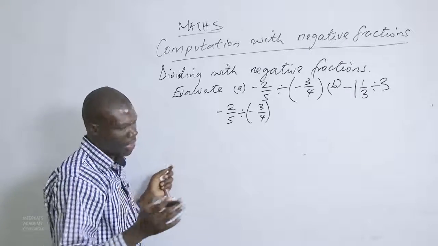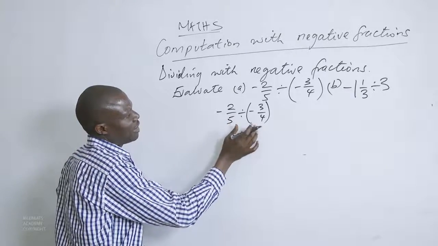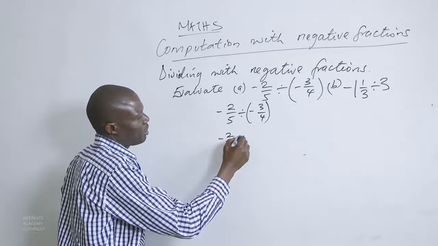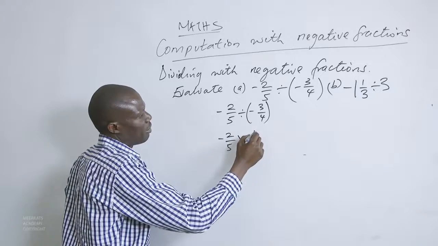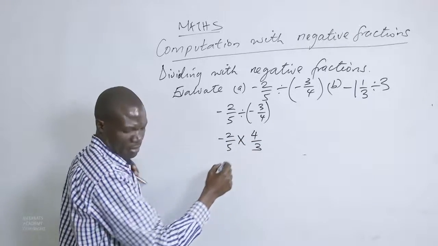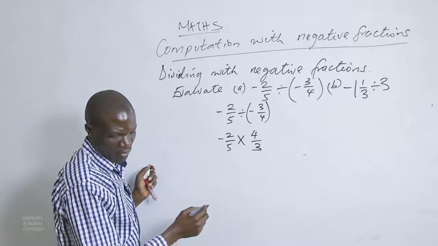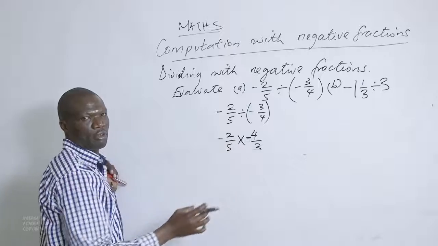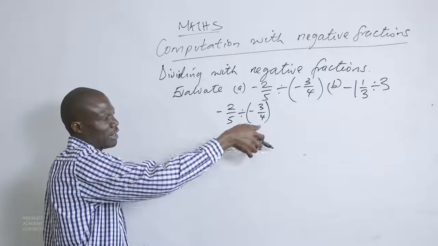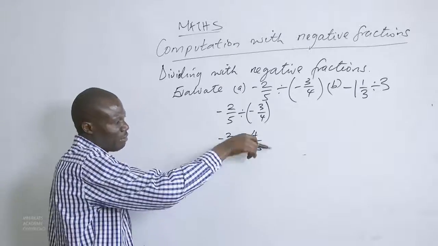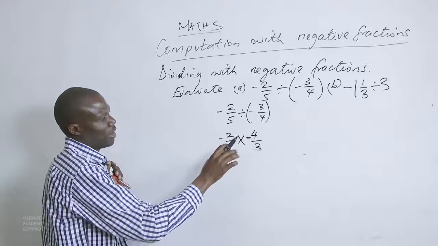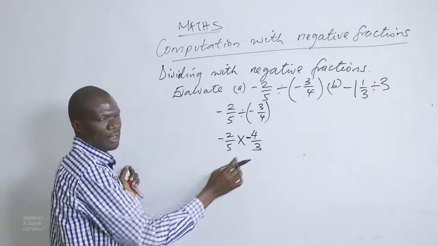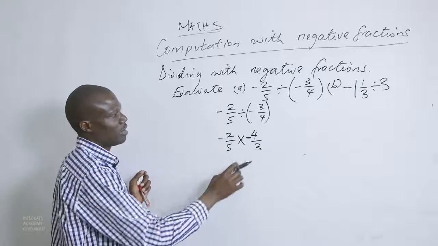What we have here is the same as saying minus 2 over 5 multiplied by 4 over 3. This is the reciprocal of the other one. We have inverted the numerator and the denominator by swapping them. That is how we divide.